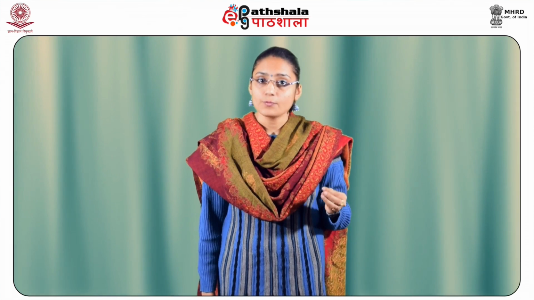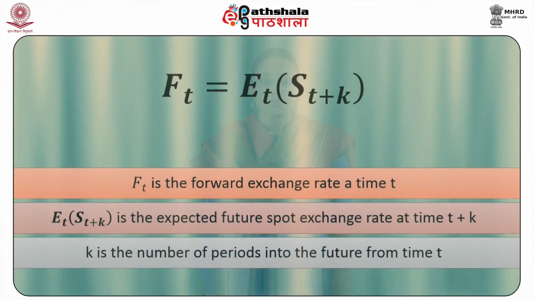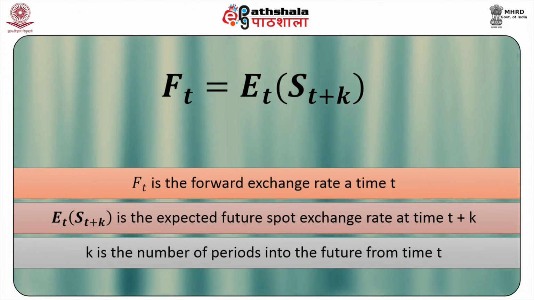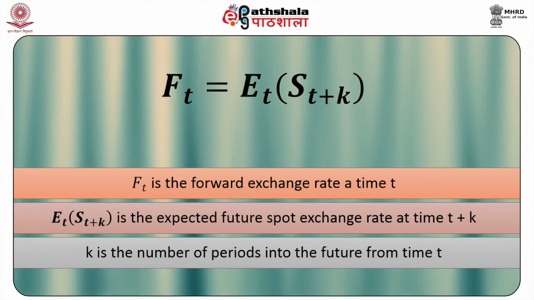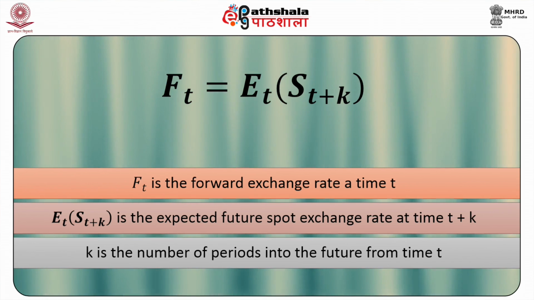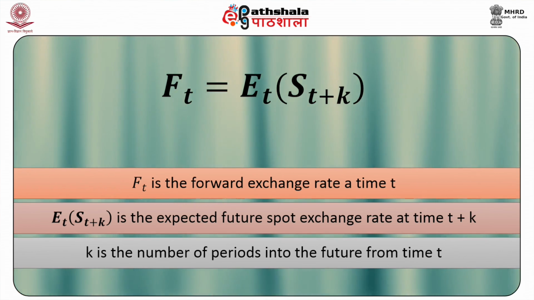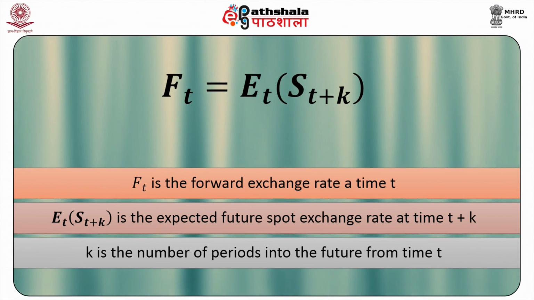Without introducing a foreign exchange risk premium, which is due to the assumption of risk neutrality, the following equation illustrates the unbiasedness hypothesis. Ft equals Et into St plus k, where Ft is the forward exchange rate at time t.